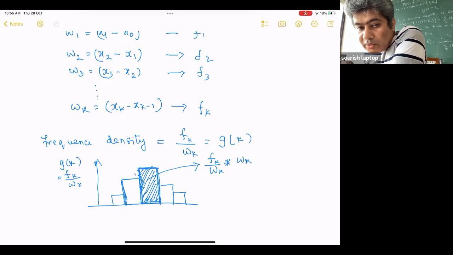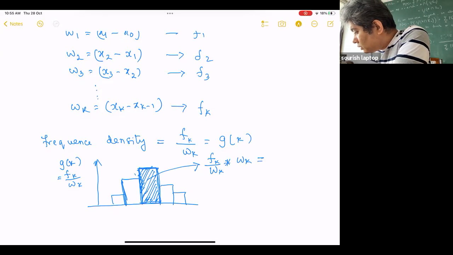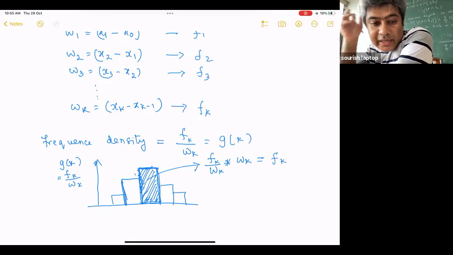Are you guys with me? Yes, sir. Very nice. So that will give me the frequency. So the area now represents the frequency.